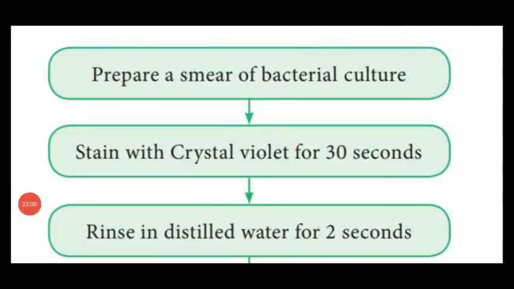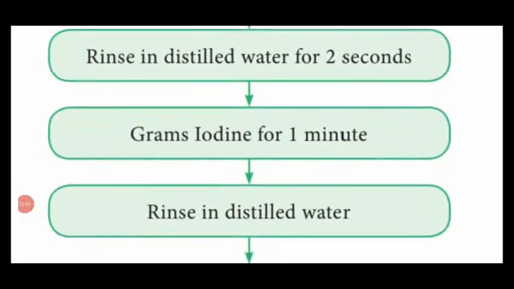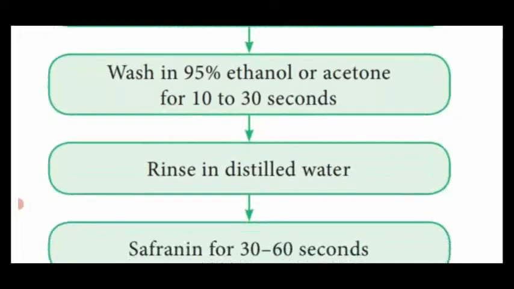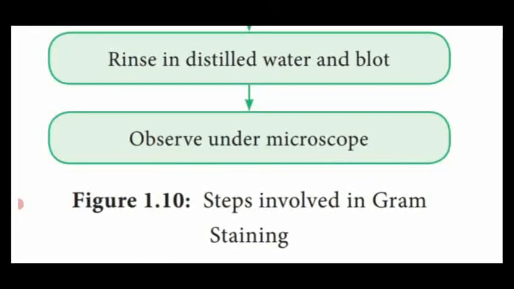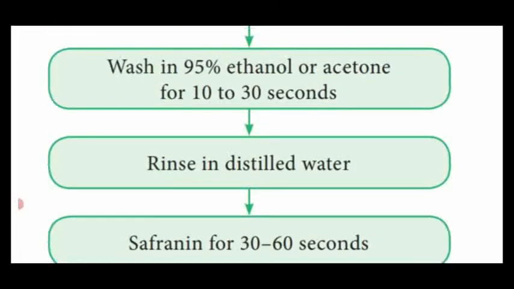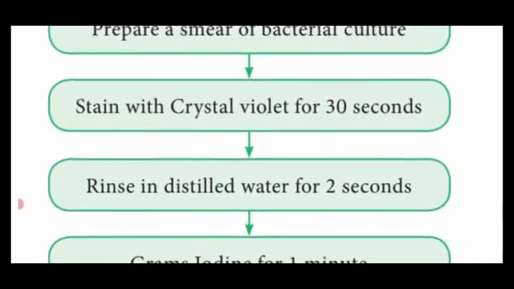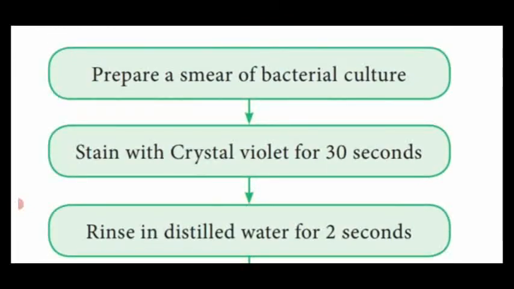Dear students, these are the different steps involved in the Gram staining procedure. This is an important 5-mark question. Write the steps involved in the Gram staining procedure. See, the first step is we have to take a smear of bacterial culture. Smear means something like a thick liquid.